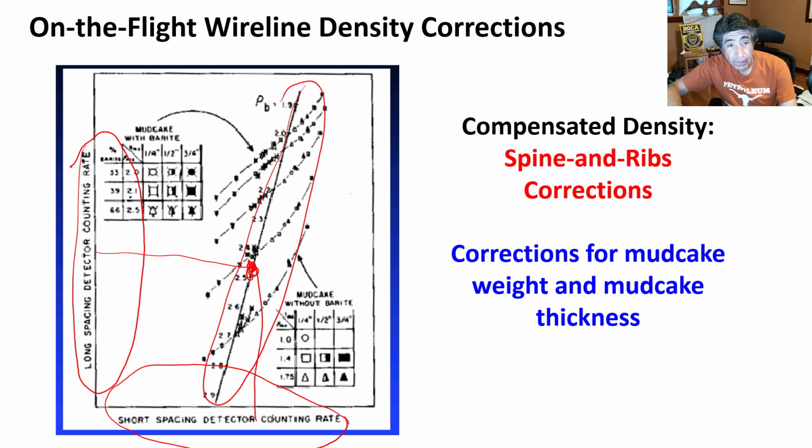But let's say that you had mud cake, and depending on the thickness and the weight of the mud cake, your measurement, instead of falling over the calibration guide, is going to fall somewhere outside, let's say here or maybe here.